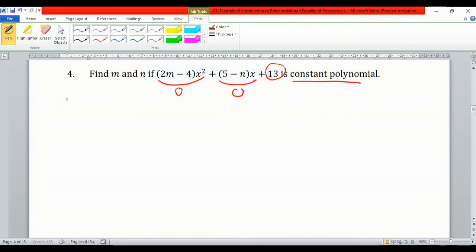So it's easier. You just need to write 2m minus 4 equal to 0, because the purpose is a constant polynomial, and then 5 minus n should be equal to 0 too. So we simplify this one. 2m minus 4 gives m equal 2, and then n equal 5.